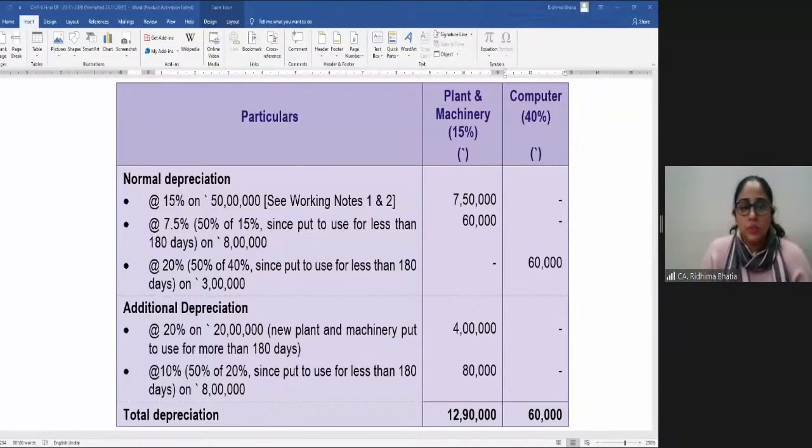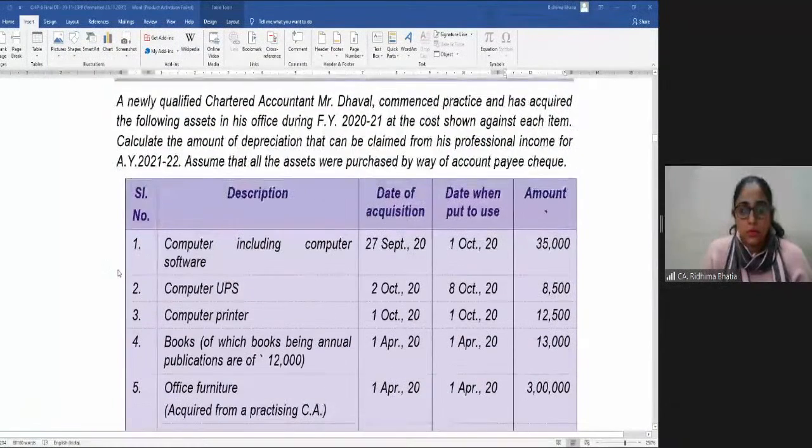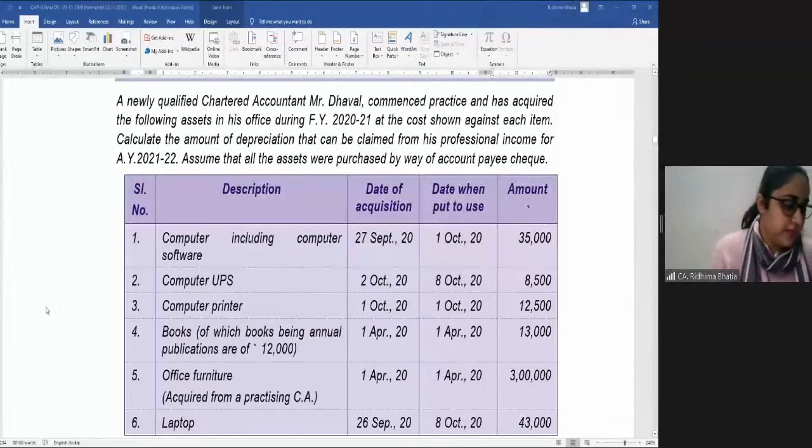Okay, so on your screen there is another question about a newly qualified chartered accountant, Mr. Dhawal, commencing practice and has acquired the following assets in his office during the financial year 2021 at the cost shown against each item. You have to calculate the depreciation that can be claimed for his professional income for assessment year 21-22. Assume all assets are purchased by account payee cheque.